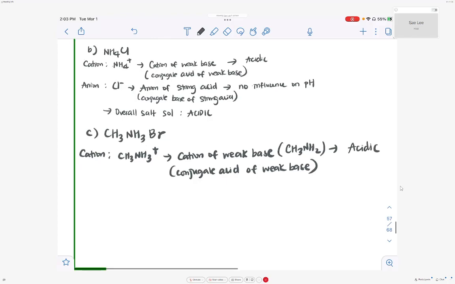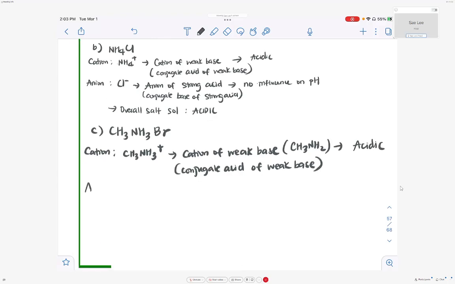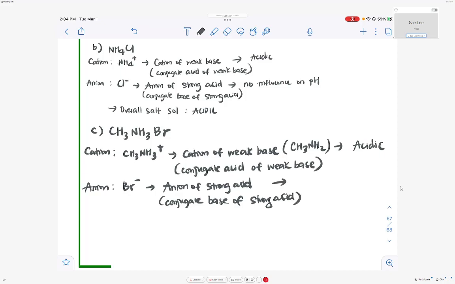What do you have for the anion? As for the anion, you have bromide. This is an anion of strong acid, or conjugate base of strong acid. What effect does conjugate base of strong acid have?